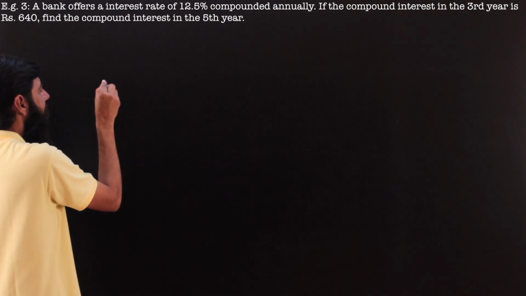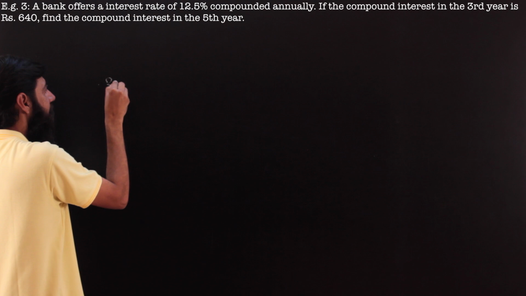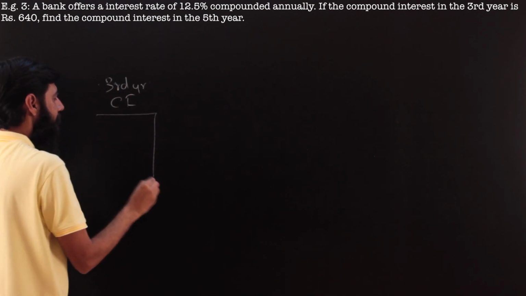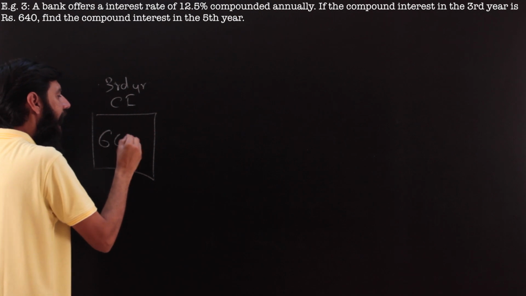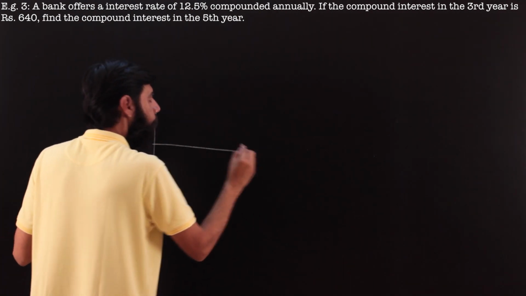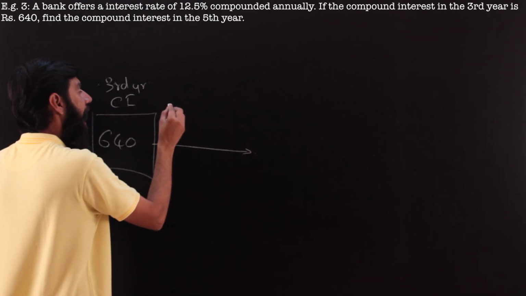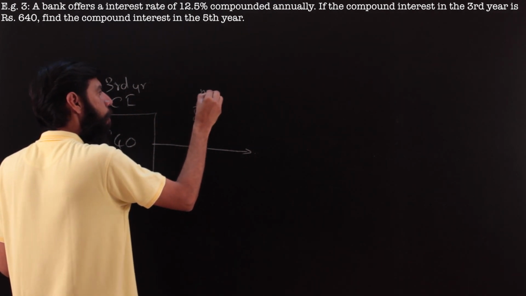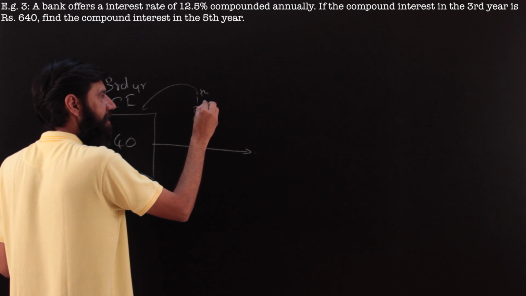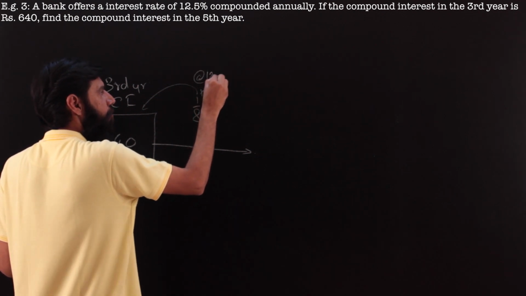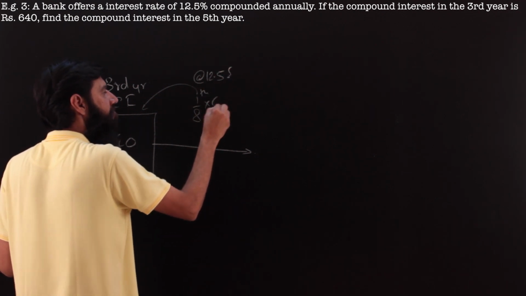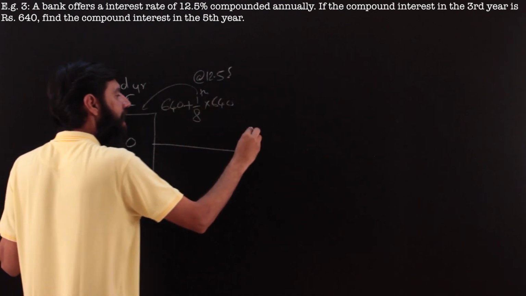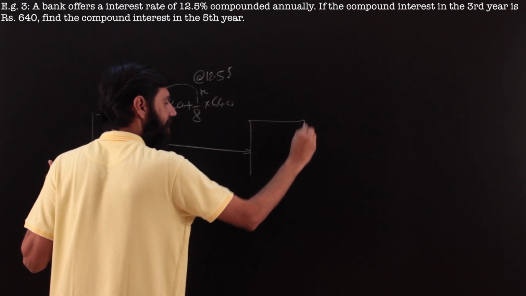So what exactly are we doing? In the third year, the compound interest is given to me as 640. And what I am doing is, I am finding 1/8 of this 640, that is 12.5% of 640, and I'm adding it back to the 640, right? That is the calculation that we have done.